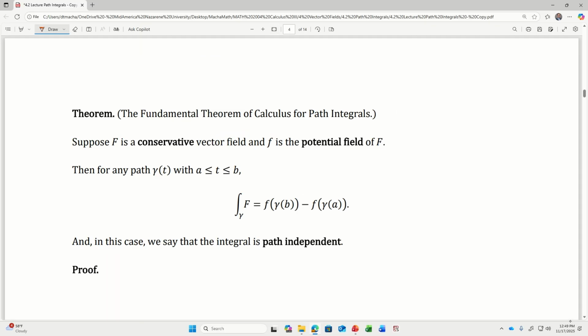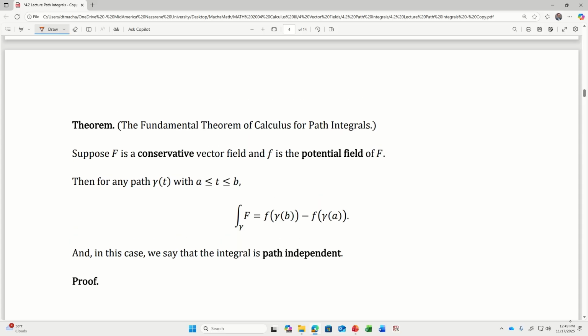This is called the fundamental theorem of calculus for path integrals. In Calc 1, you learned the fundamental theorem of calculus. Do you remember what it says? It says this. In the Calc 1 world, you've got just a single variable function f.